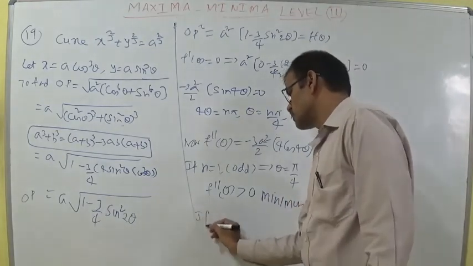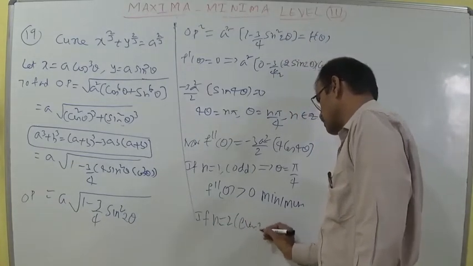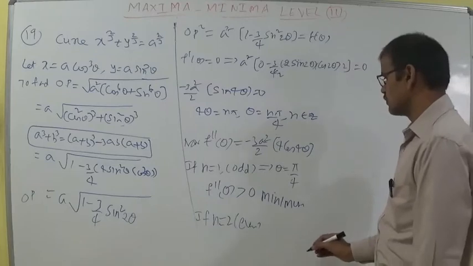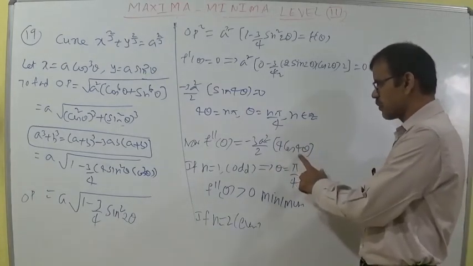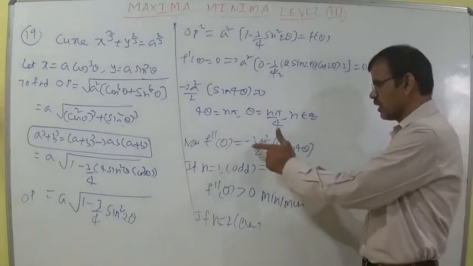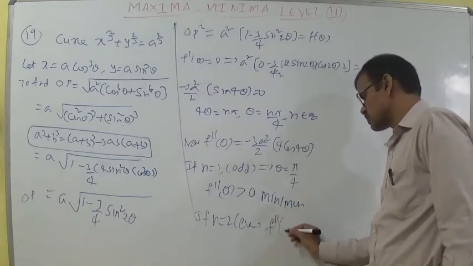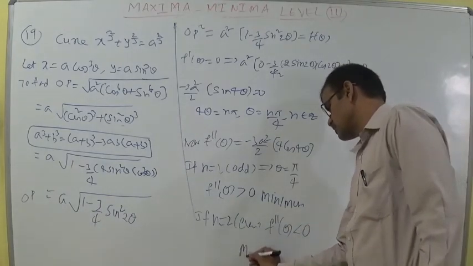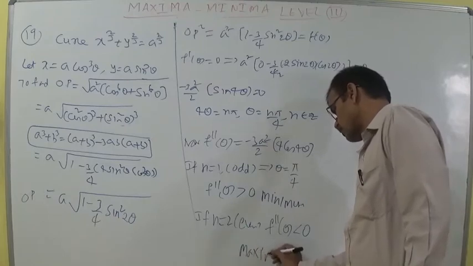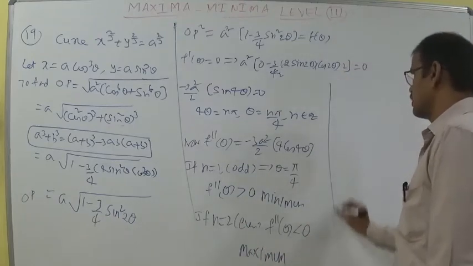If n is equal to 2, which is even, 2 pi by 4 is pi by 2, and 4 theta becomes 2 pi, cos 2 pi is 1, and we get minus 12a square by 2, that is minus 6a square. So it is less than 0, and f double dash theta less than 0 is a maximum. So that is where we get the maximum value; he is asking for the maximum distance.